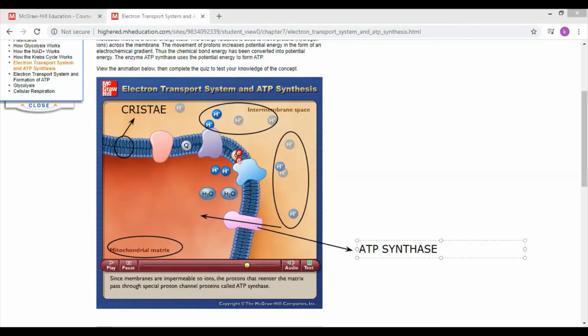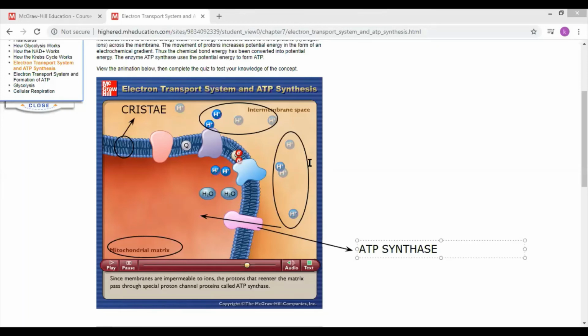The main function of this channel is just to add phosphate to ADP, or to phosphorylate adenosine diphosphate into adenosine triphosphate. So the aim of NADH and FADH2 is just to release protons, which are H+, into the outer space of the matrix.